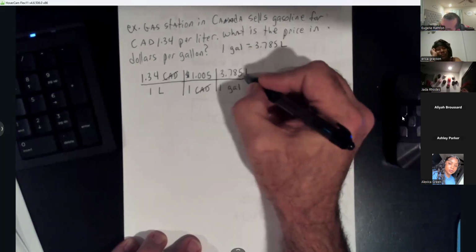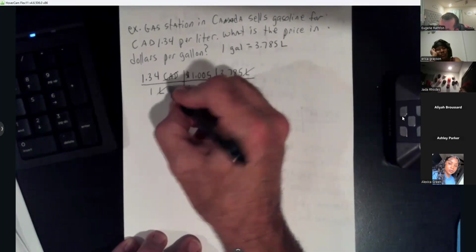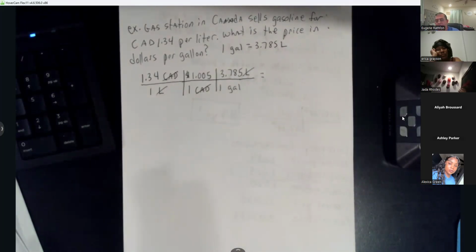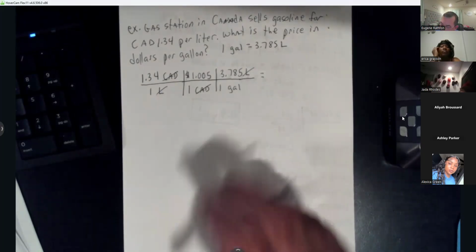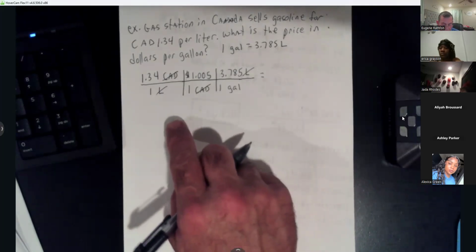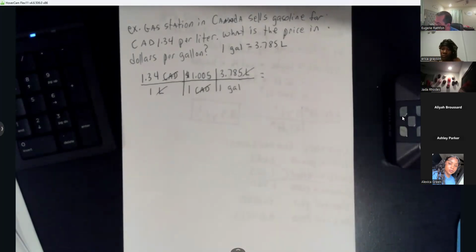So now these liters will cancel. And y'all, that's the trick on this unit analysis. The units you gotta cancel has to be 1 on top and 1 on bottom. All right, now let's go multiply that out and see what we get.